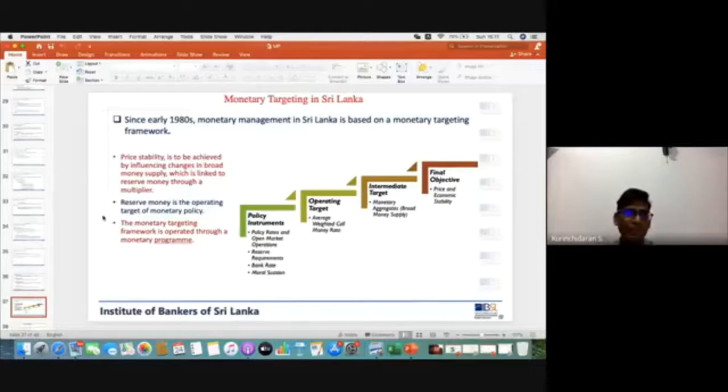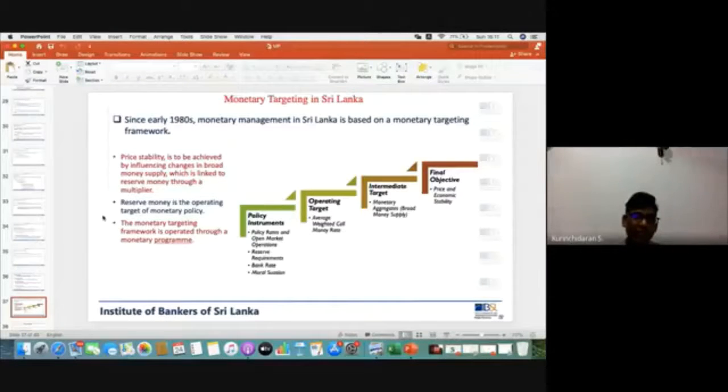I just want to give some explanation of how monetary targeting in Sri Lanka worked in the past. Since the early 1980s, monetary management in Sri Lanka has been based on a monetary targeting framework.